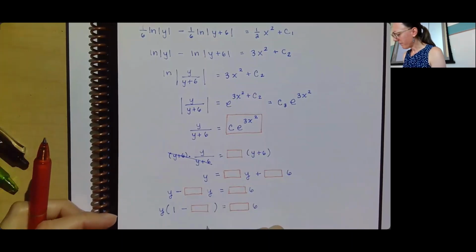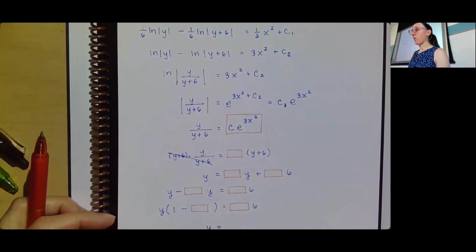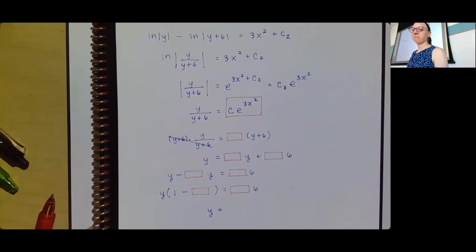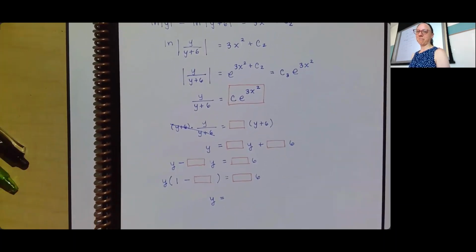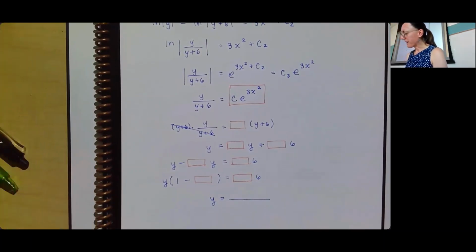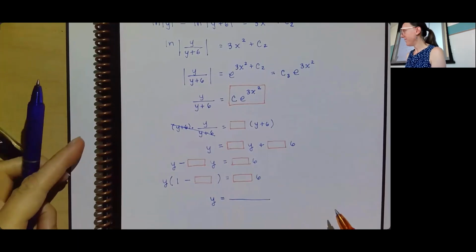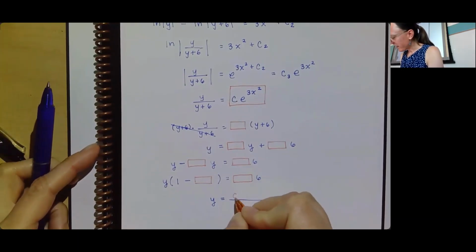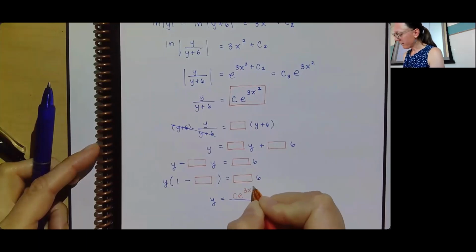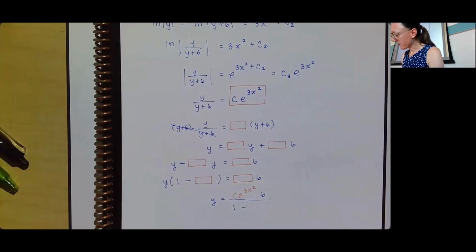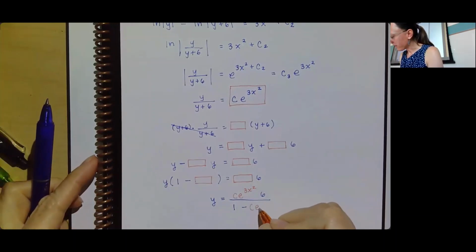And finally, divide that whole thing over. Now that I'm ready to divide the whole thing over, I'm going to actually write out what was in the box. And in the box, I had c e to the 3x squared. That's times 6 over 1 minus c e to the 3x squared.